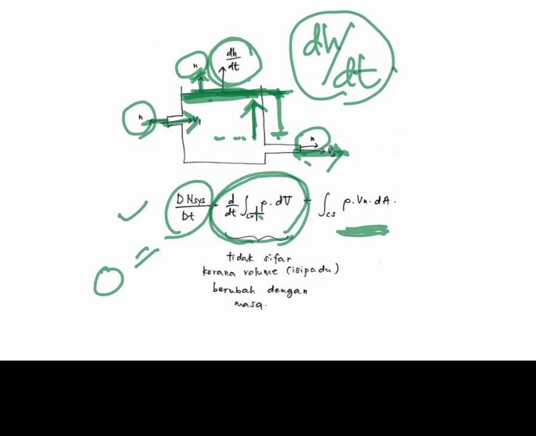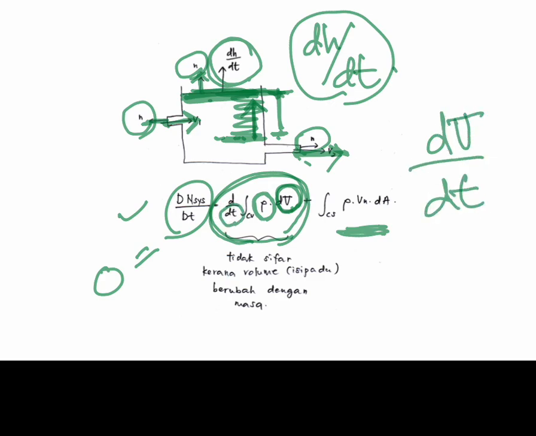Because the density is fixed, but the volume may change. If the water level increases, for sure the volume increases, so d volume over dt has some value and is not equal to 0.